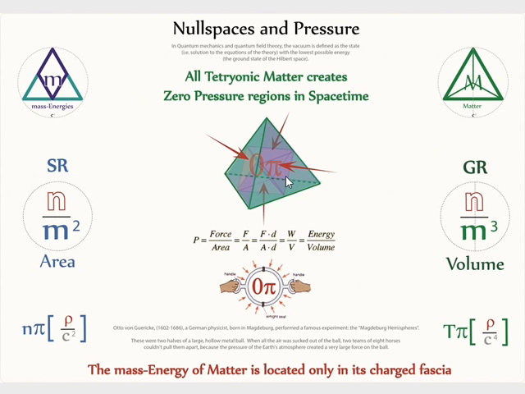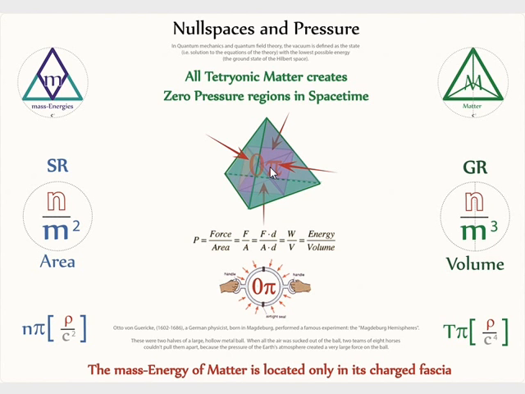And in fact, it is this null space within tetrahedral geometries that creates the convergent force of gravity when the surrounding vacuum energy seeks to equalize the zero energy inside matter. This creates a strictly convergent force that will always act to the center of each matter geometry.